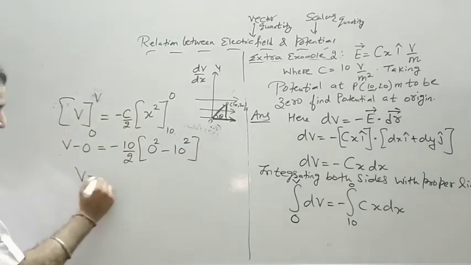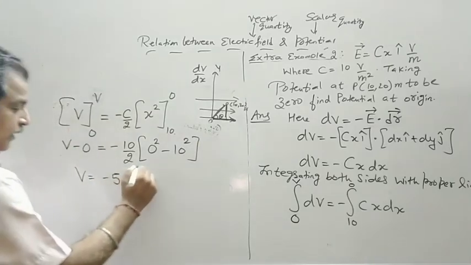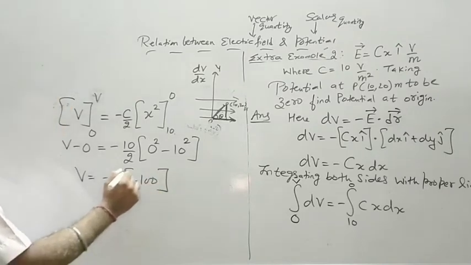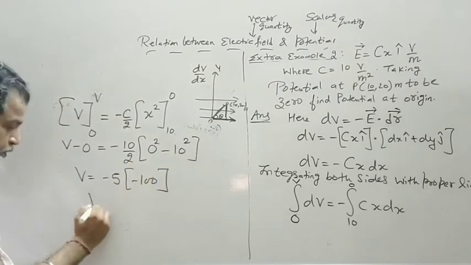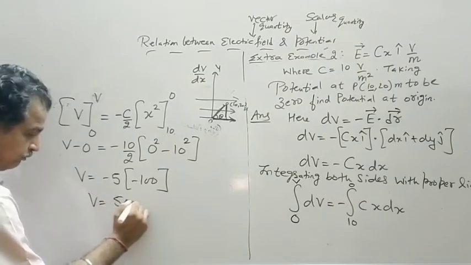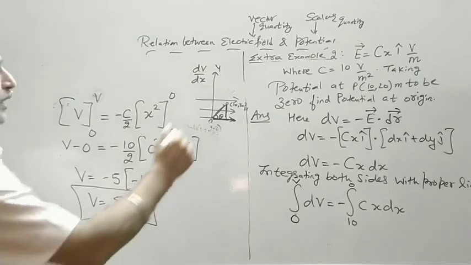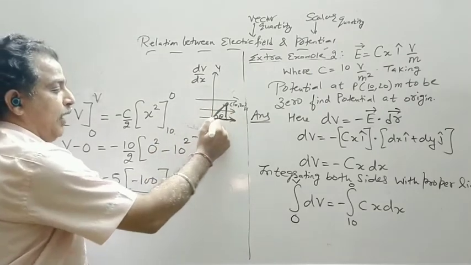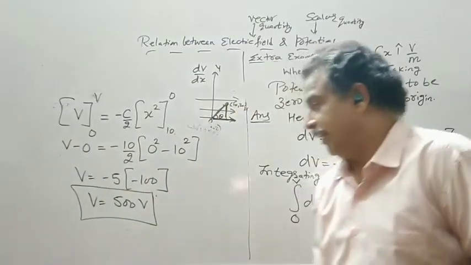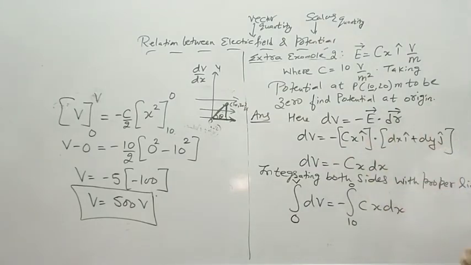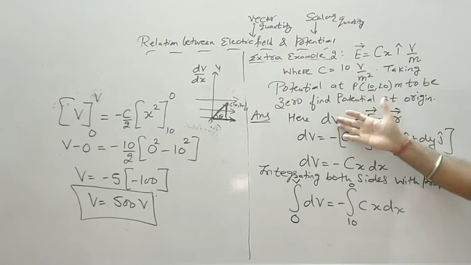So V is equal to minus 5 into minus 100, so V is equal to 500 volt. So we moved from this point with 0 potential to the origin with 500 volt. This is how we find out the potential from the field.